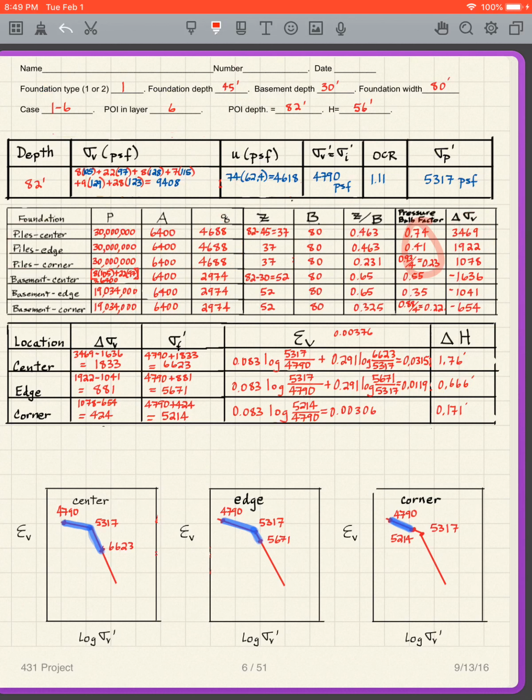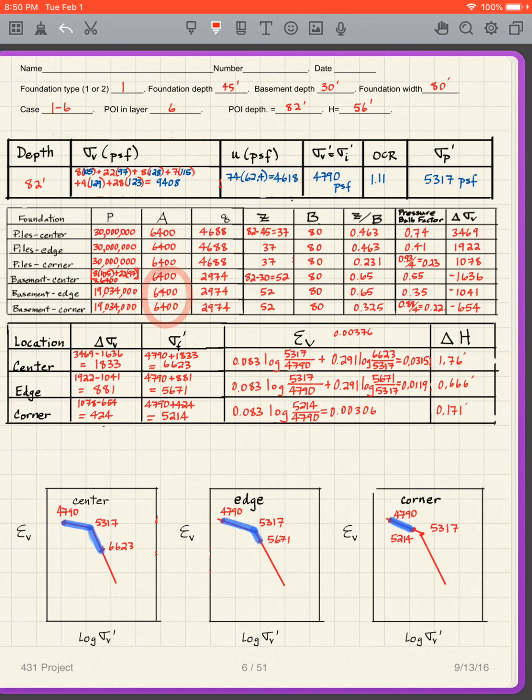Now we're going to do the basement, and the basement is what? I have to figure out the weight of the soil removed. You take the volume of the basement times the unit weights of the soil, and I get 19 million pounds of soil removed.